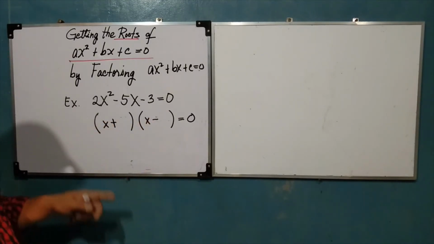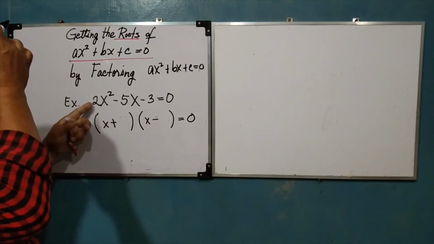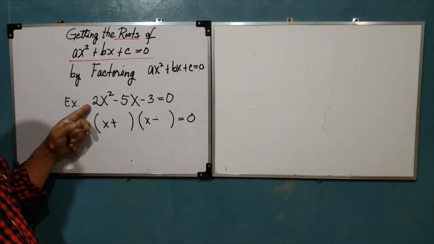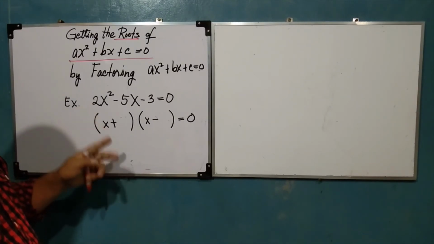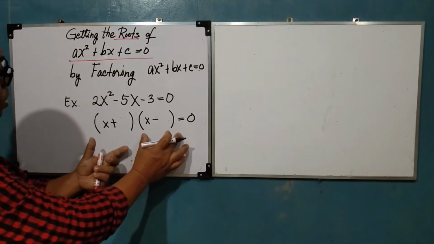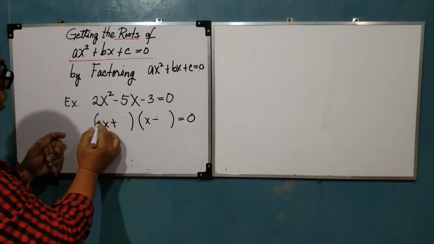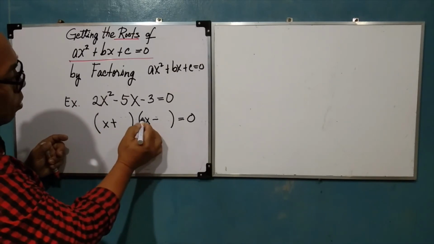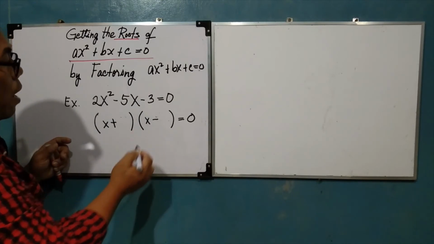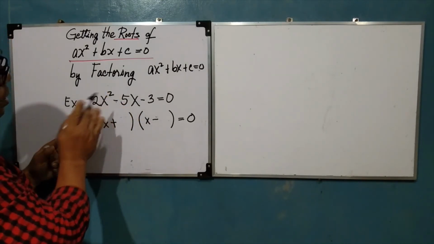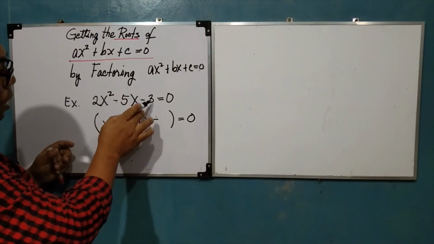Now, take note that this 2 is the a value. So you have to decide in which of the two binomial factors to write this 2. Do I have to write it here, or do I have to write it here? Will it matter? Okay, take note, this is negative 5, that's negative 3.